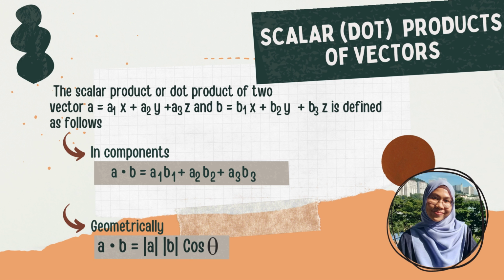The formula in components is a dot b equal to a1 b1 plus a2 b2 plus a3 b3, and geometrically a dot b is equal to magnitude a multiplied by magnitude b multiplied by cos theta.